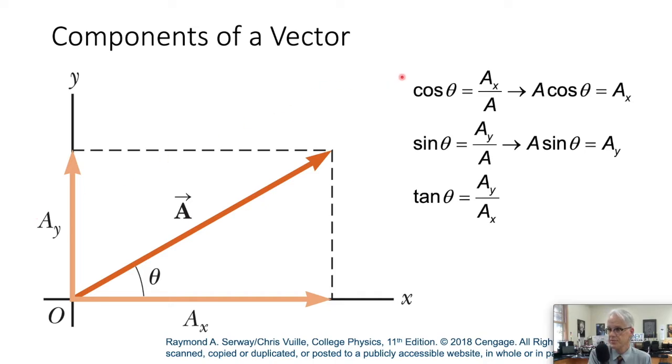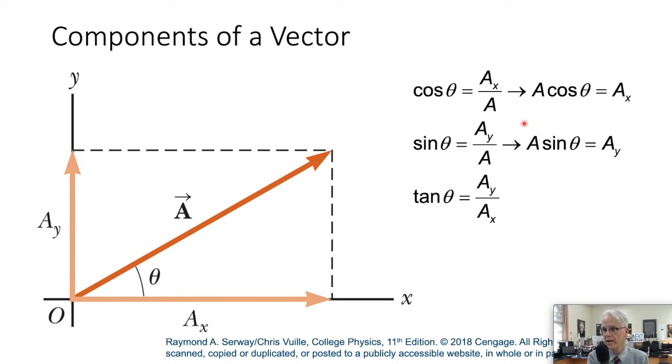Going back to trigonometry, if we know this angle theta here, the cosine of theta is the adjacent over the hypotenuse of our right triangle. If we take this equation now and solve it for the x component, we get A sub x is A cosine theta.